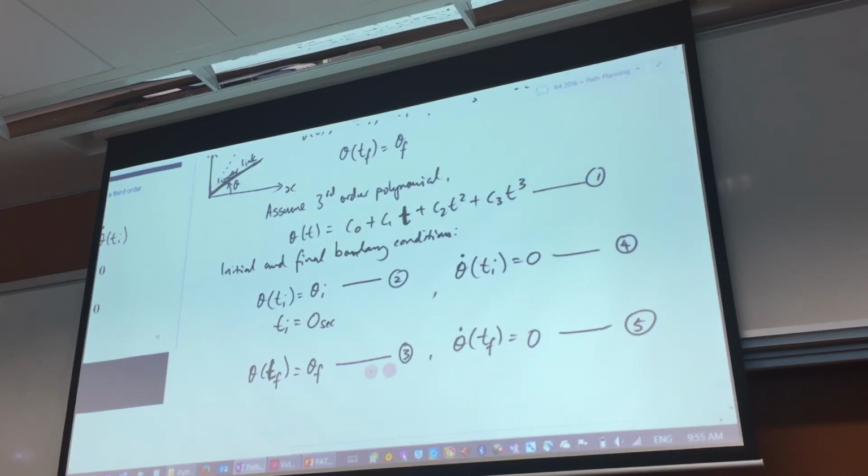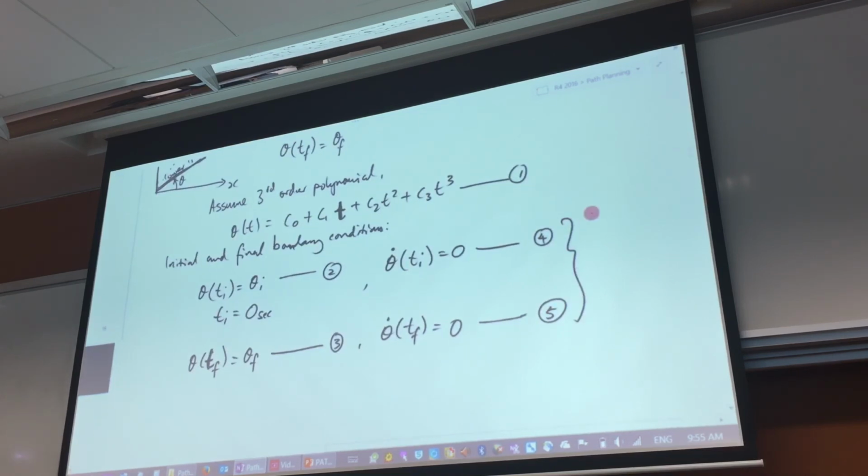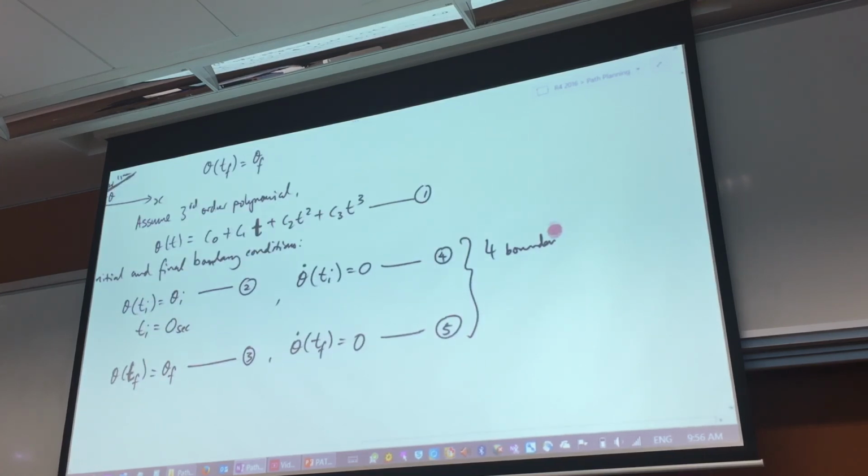So you can see all these boundary conditions. They are altogether 4 boundary conditions. And hence, 4 unknowns to be solved later.